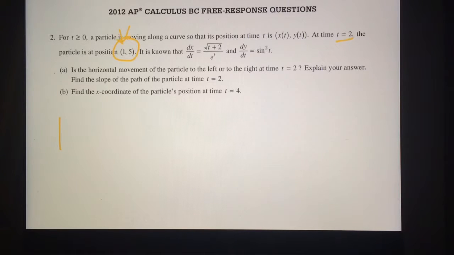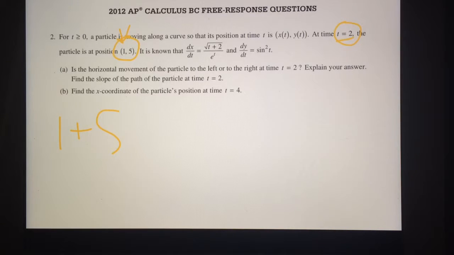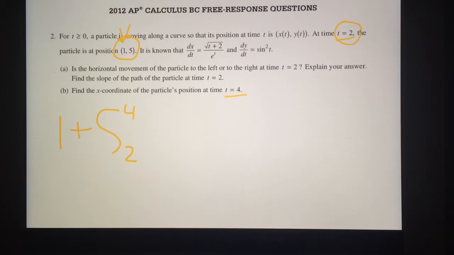We can start there, and then add how much x has changed by. We can take where it started at t equals 2 and add how much it's changed up to t equals 4. And we can do that with our handy-dandy integral sign. So we integrate from 2 to 4, because that's where we started and where we want to end, of dx over dt.